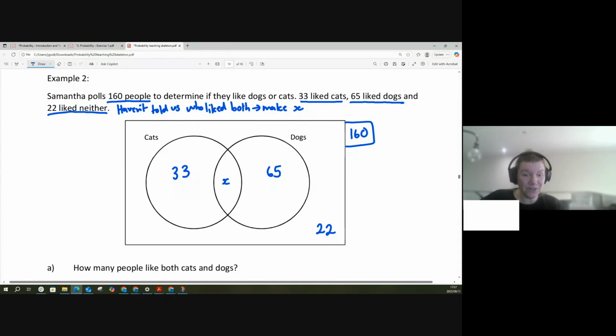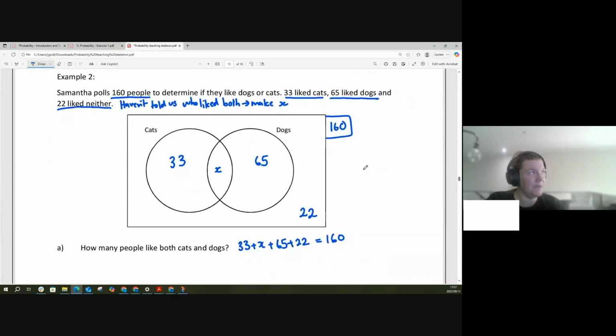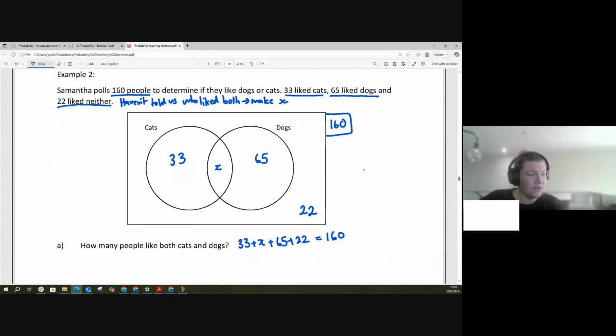So in order to figure that out, we need to add everything up. So we say 33 plus X plus 65 plus 22 needs to equal 160. Let me just zoom out a little bit. Here we go. So we get to the point where X is equal to 40.